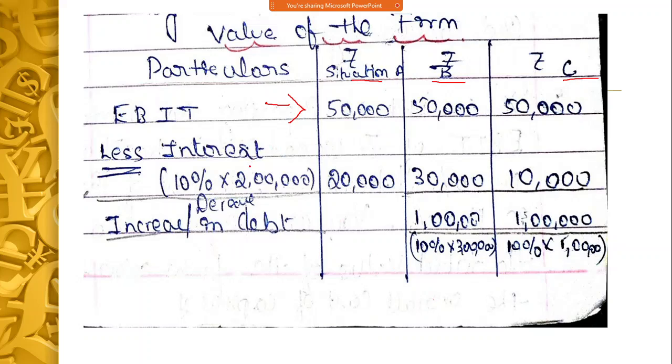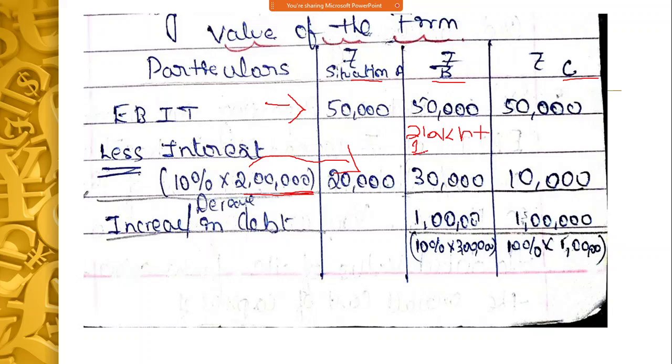Therefore, for the first situation, it is 2 lakh into 10%, 2 lakh because it has been directly given. For the second situation, it is 2 lakh plus, according to the situation, they have increased the debt by 1 lakh.